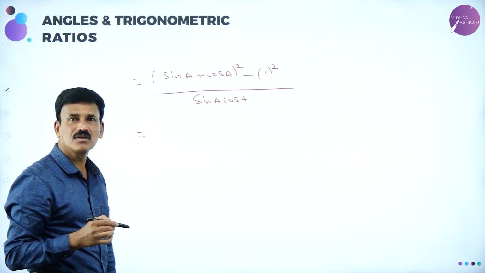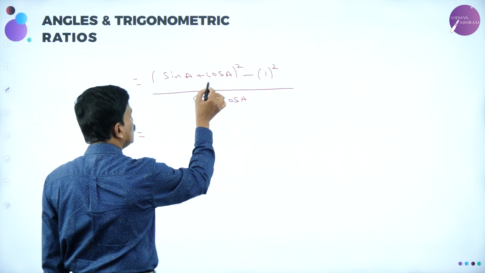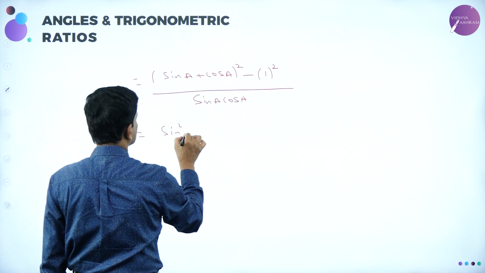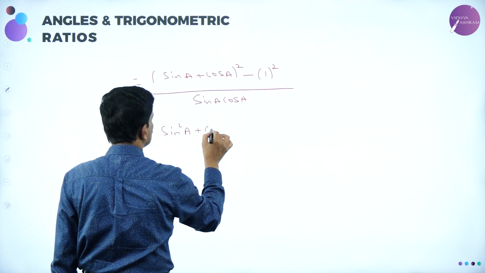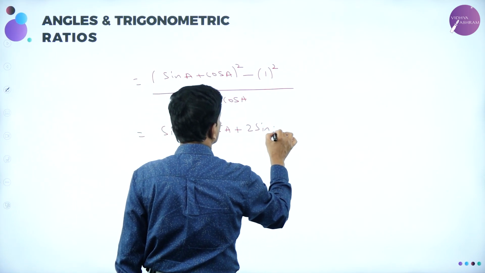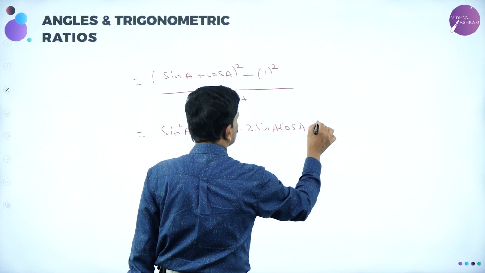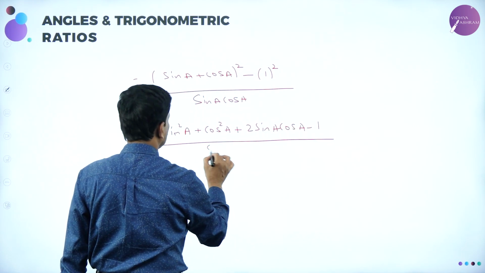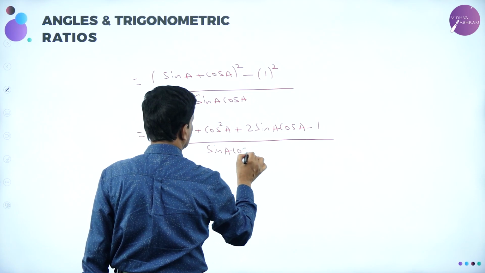Now apply the A plus B whole square formula: sin square A plus cos square A plus 2 sin A cos A, minus 1, divided by sin A into cos A.